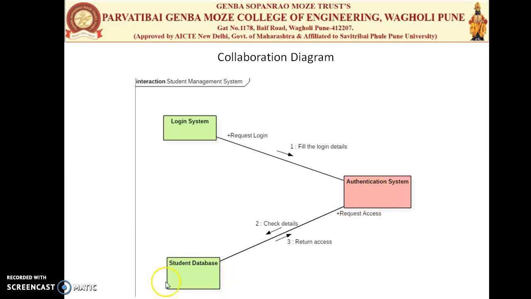Then it will check in the database whether a valid user is logging into the system or not. The student database is the third object in the database system. If the student is an authenticated user, then it will return the access to the authentication system. Then the authentication system will allow the user to log into the system. So these are the three types of objects in the student management system.